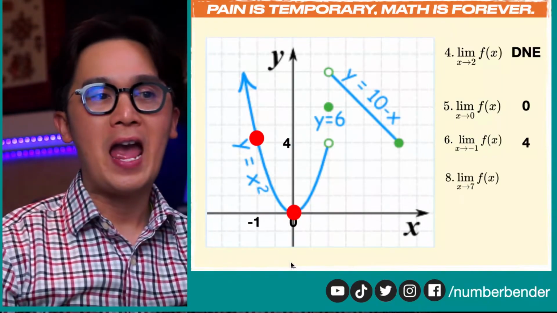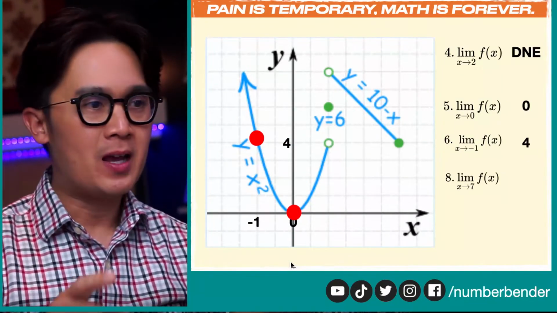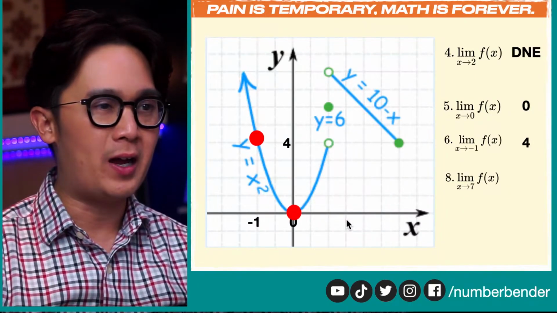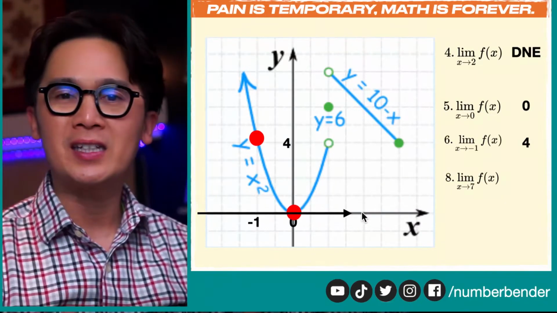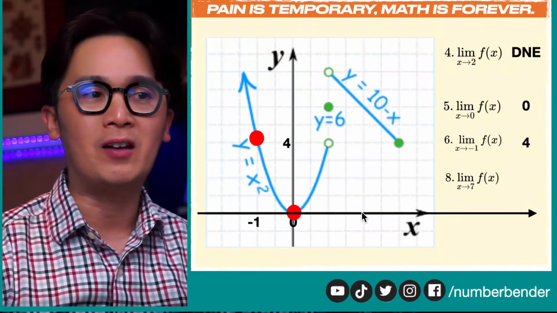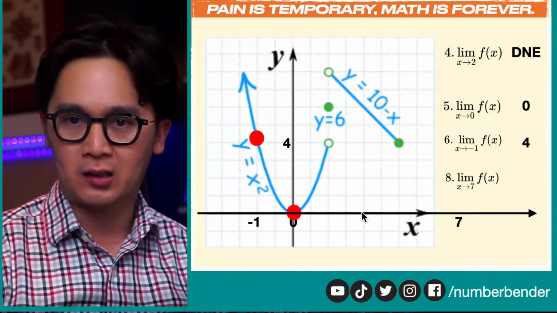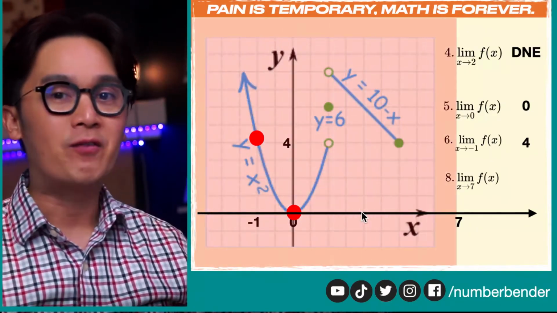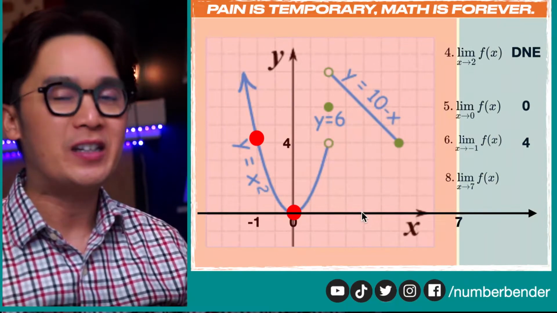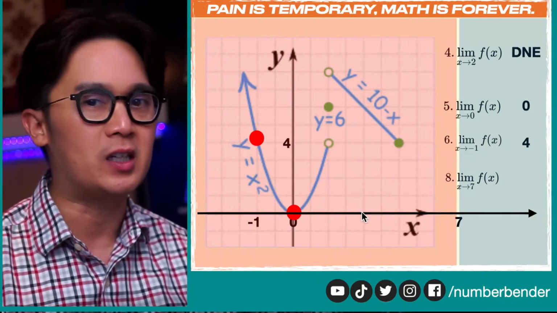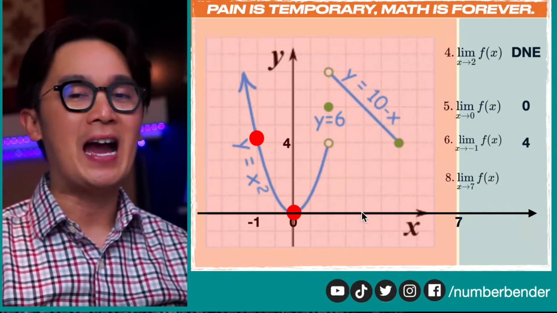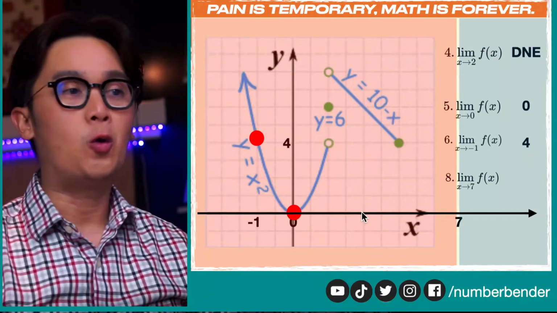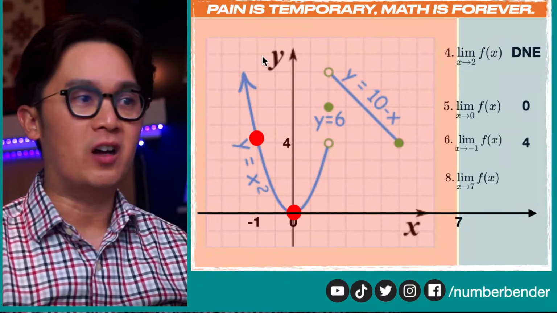And for f of x as x approaches 7, if we're going to use our scale, this is -1, this is 0, this is 1, this is 2. So we need to extend our x-axis so that we can represent 7, which is somewhere here. And when we look at our function from the left side and from the right side, we notice that there's no function existing at x equal to 7, because this piecewise defined function is only true within this range of values.